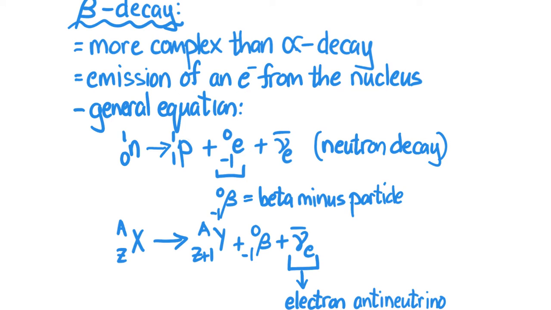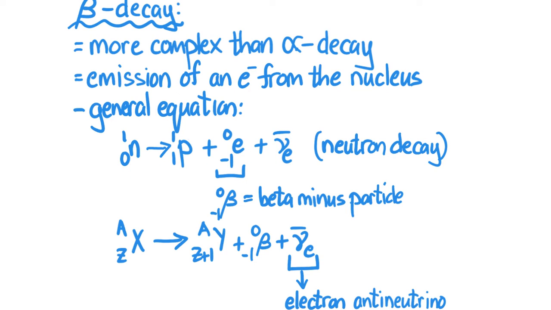So it's kind of an atomic number in apostrophes. So this is the beta minus particle, which we can also write as 0, beta -1. And we've come across this before. This is an anti-electron neutrino. And so what is happening here is a neutron decay.